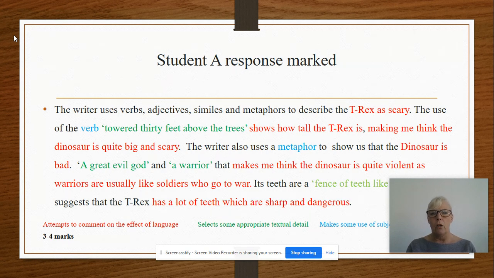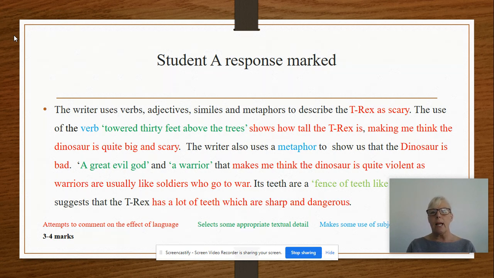So we haven't got a subject terminology. They haven't said that that is a simile. However, we've got a comment on the effect. Has a lot of teeth which are sharp and dangerous. Okay, daggers, sharp and dangerous. Okay, fine. Not bad. I think that if you take each point and look carefully, could you have possibly written a little more clearly or a little bit more detail about any of those points?